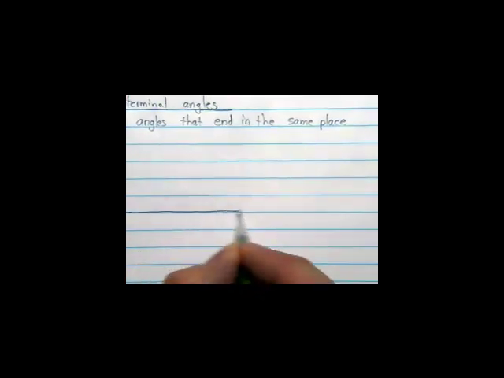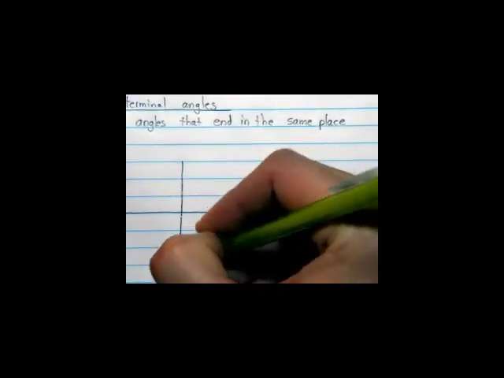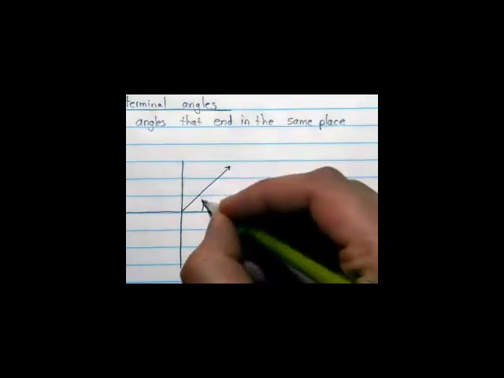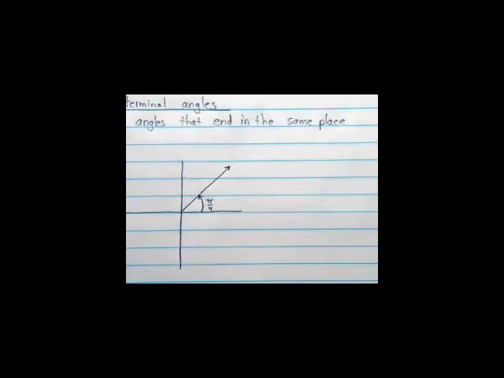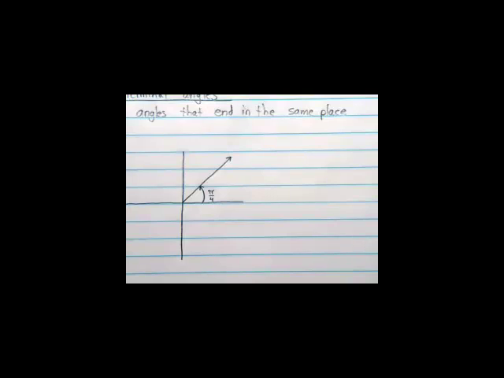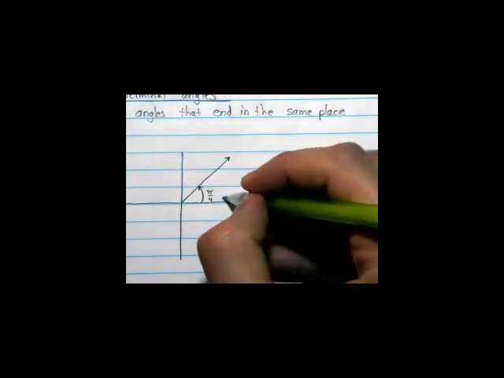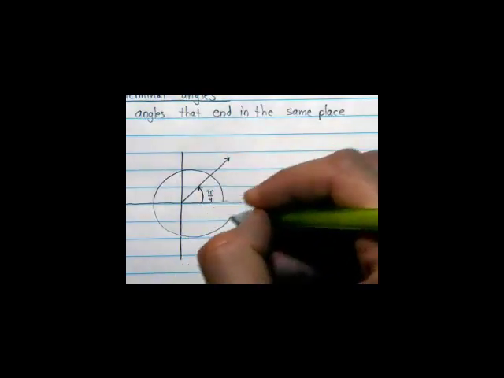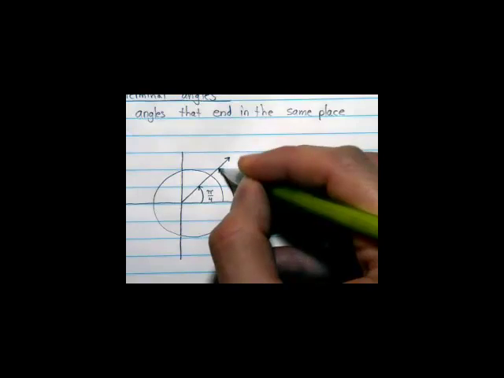Okay, so for example, let's say I've got the angle pi over 4. So a rotation that'll put me in the same place as pi over 4 would be one that goes all the way around and then to here.